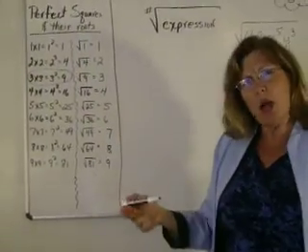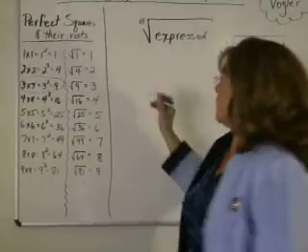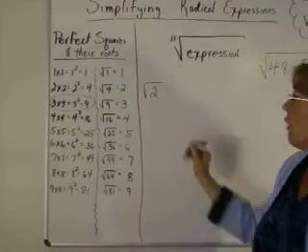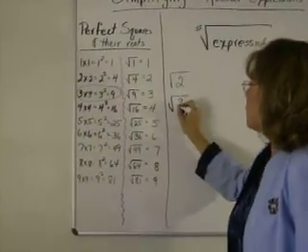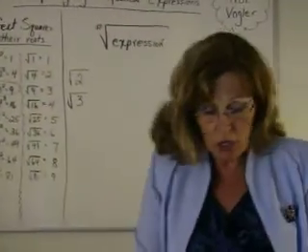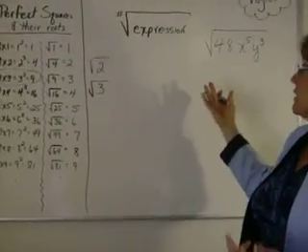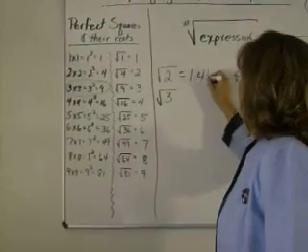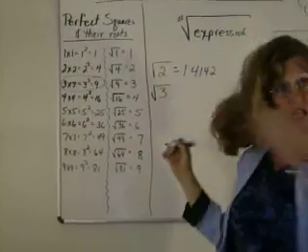But what if you have a square root of something that's not a perfect square? Like, what about the square root of 2? Or what about the square root of 3? Well, now we can go into our calculator and punch in those numbers, and we find that the square root of 2 is 1.4142. It's going to keep on going.